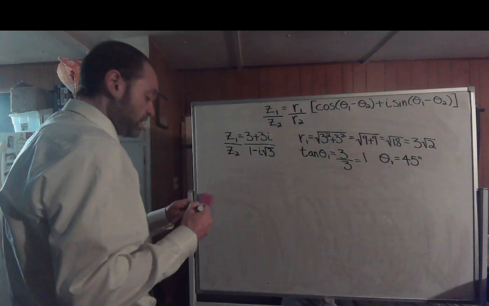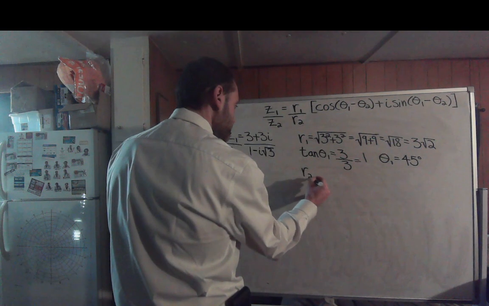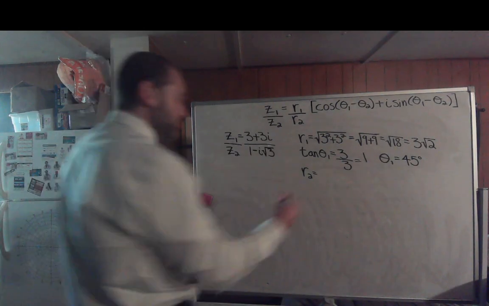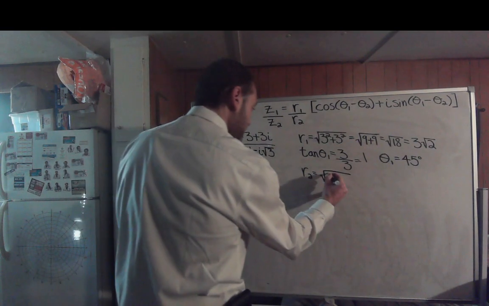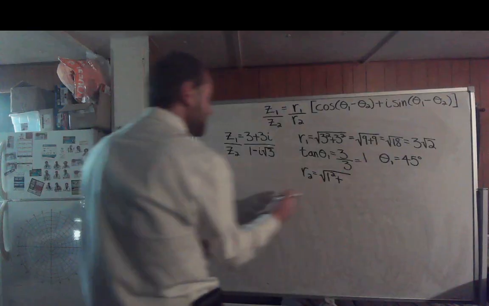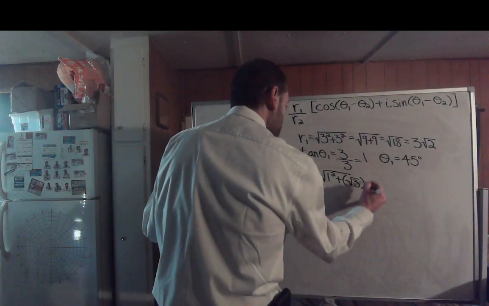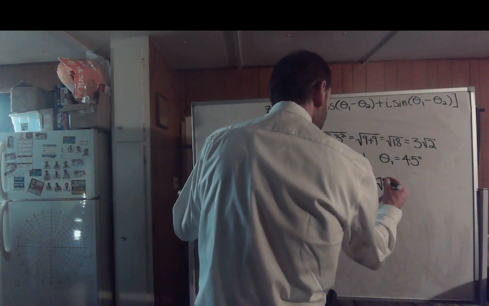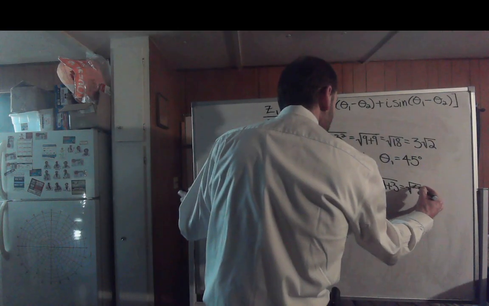Okay. Now let's deal with r sub 2 and theta sub 2. So r sub 2 is going to be equal, of course, to the square root of 1 squared plus negative square root of 3 squared. So that's going to equal the square root of 1 plus 3, which is the square root of 4, which just equals 2.